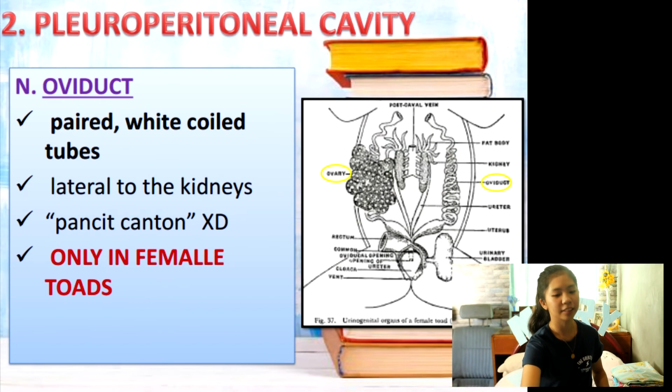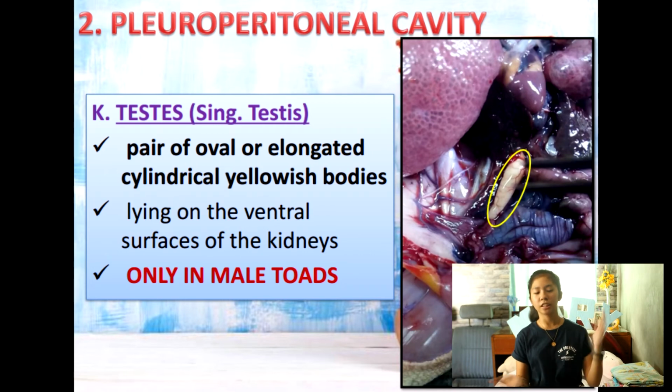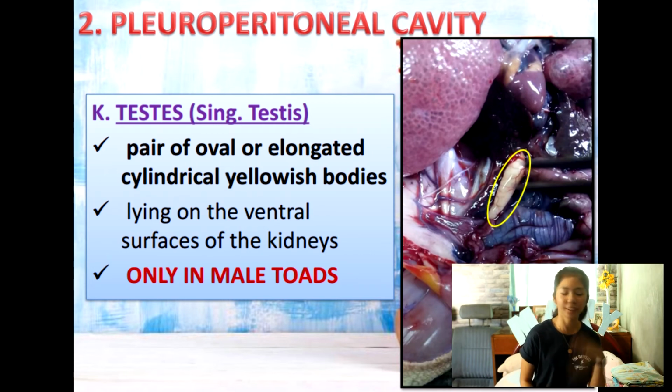So next is the oviduct, and it is also seen in females. These are paired white coiled tubes. It is lateral to the kidney, and again only found in females. Next, the testes, and the singular form for testes is testis. These are only seen in male frogs, just like in humans.